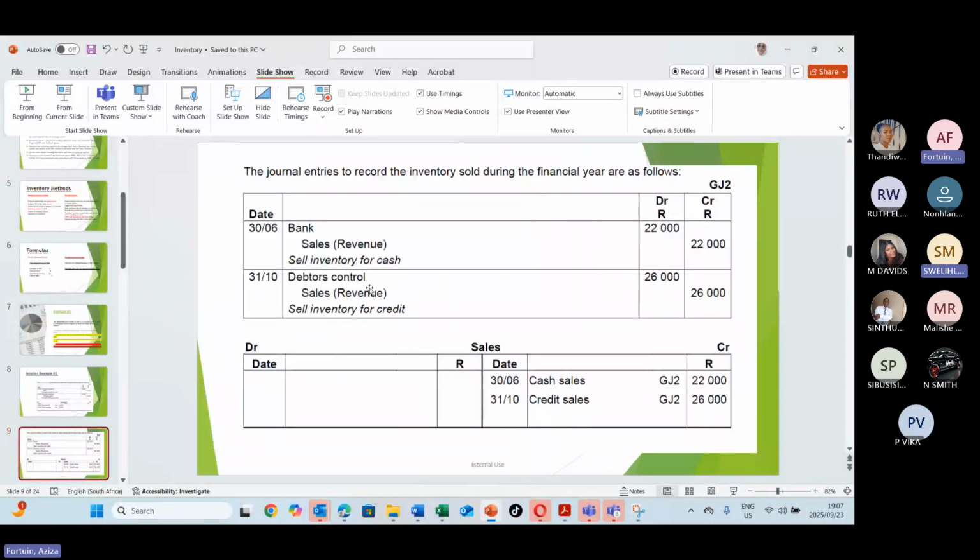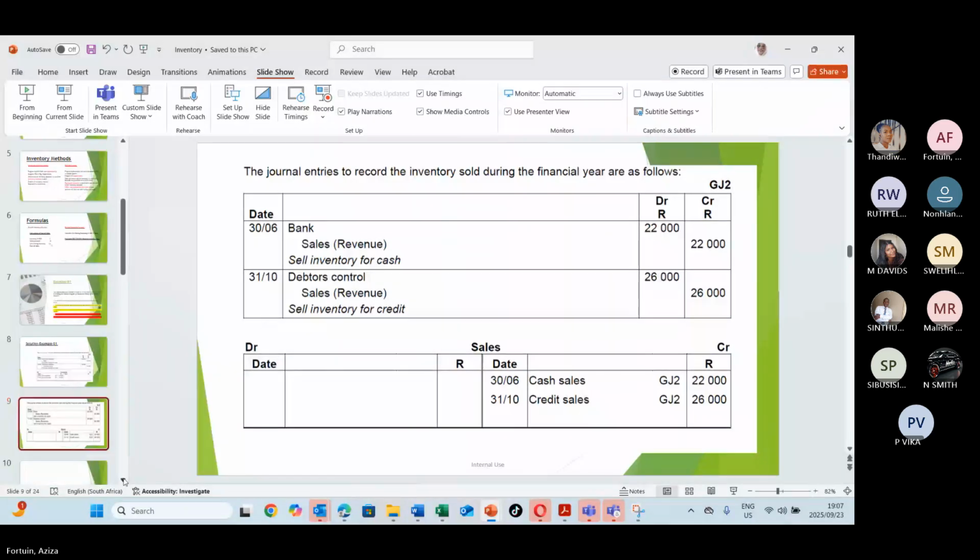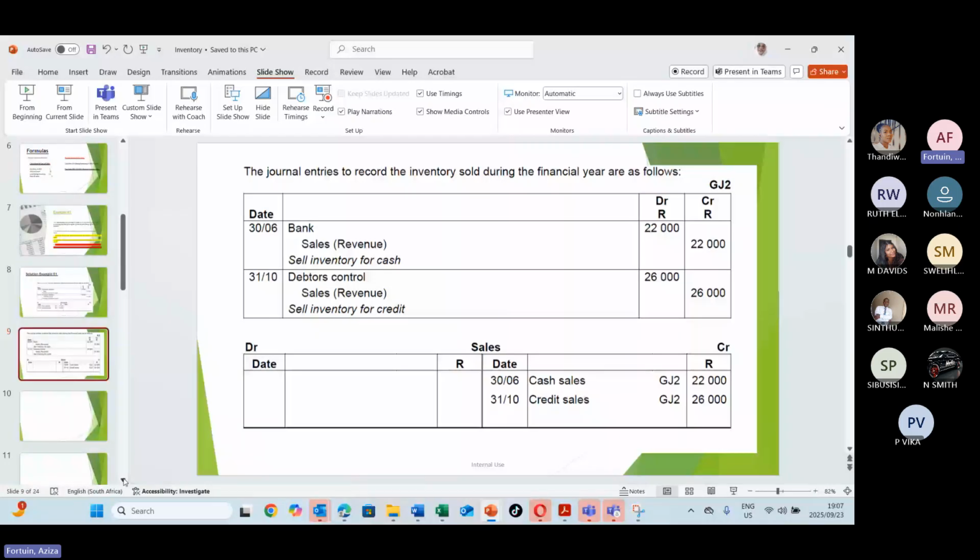And your trade receivables? Did you debit that? On the 31st, we debit the bank and we credit sales. No, not only the bank. There's debtors as well. The 26,000 rand from the debtors.